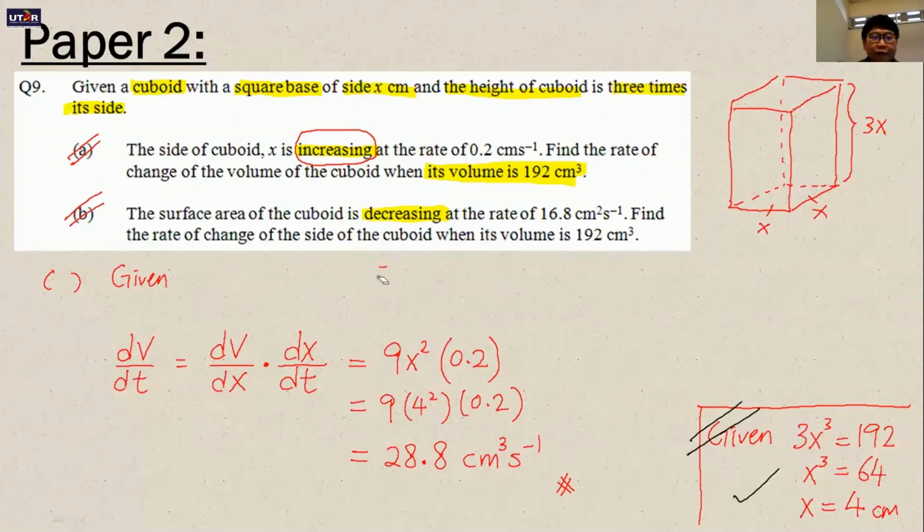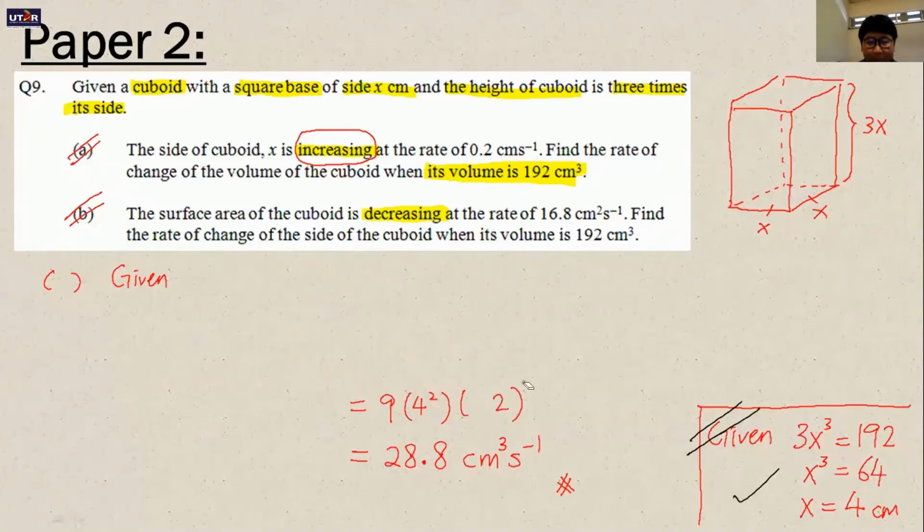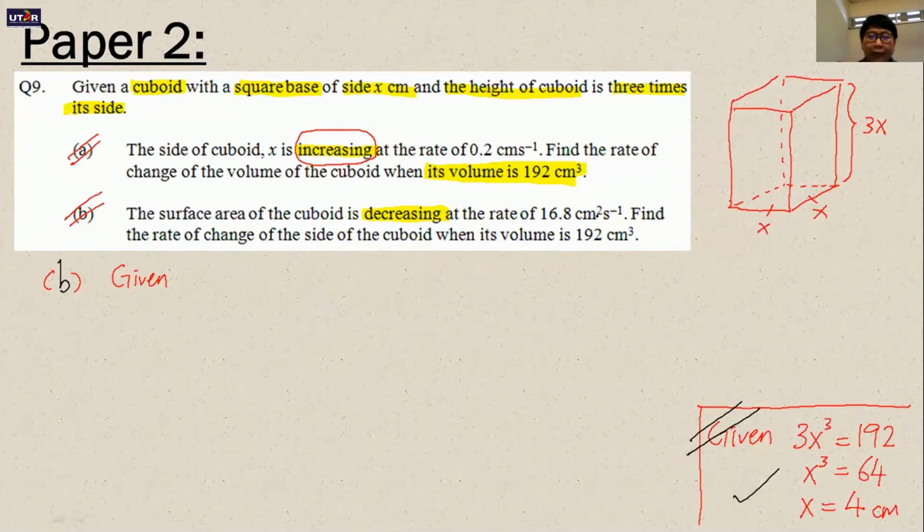So for part B, check what is given now, and then what we are going to find. Given the surface area of the cuboid is decreasing at a rate of 16.8 centimeter square per second.